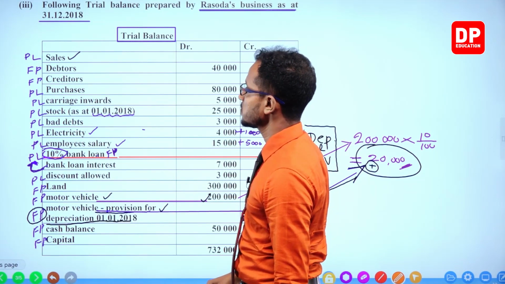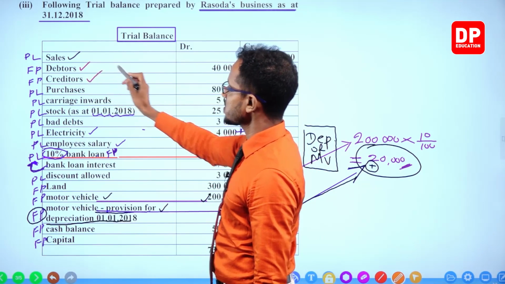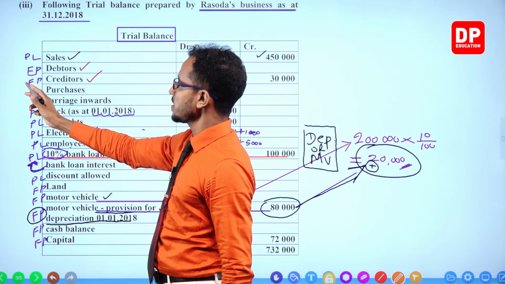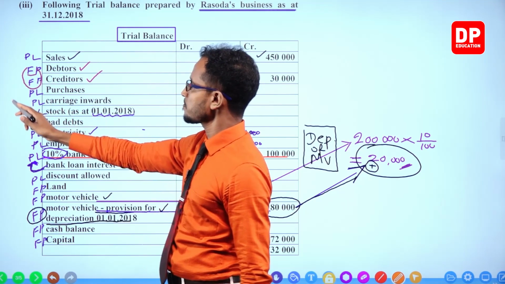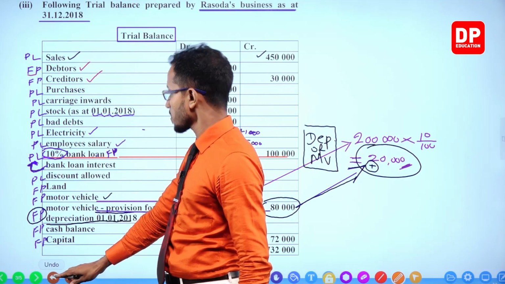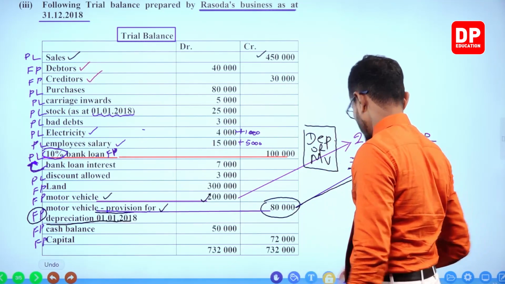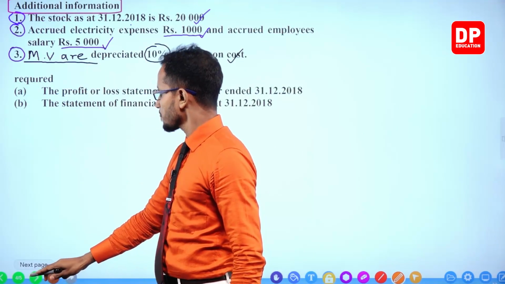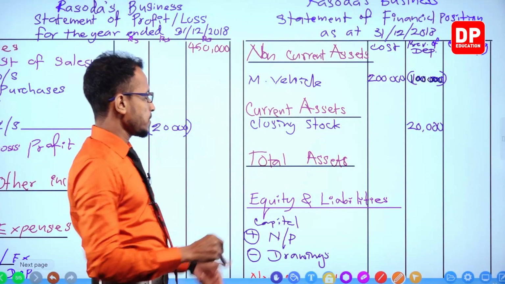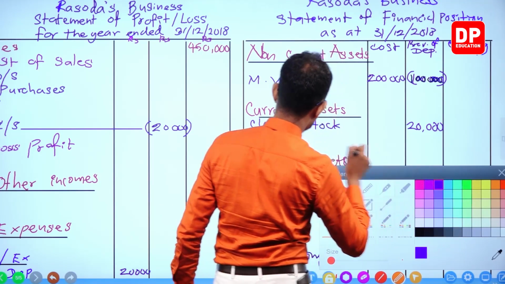Sales done. Take debtors 40,000, creditors 30,000, both in the SOFP. Now we know, we have already labeled them. Debtors 40, creditors 30. Go to SOFP. Debtors should be under current assets, 40.